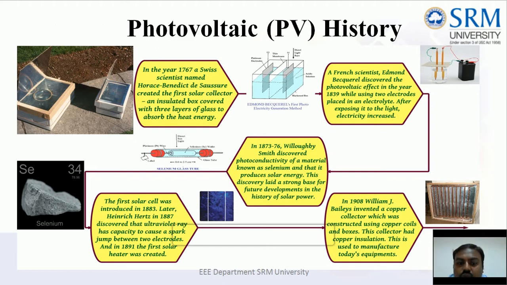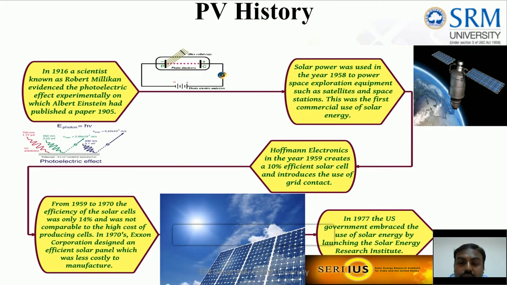The first solar cell was introduced in 1883, and Planck and Einstein made enormous contributions to the photovoltaic effect. In 1916, Robert Millikan experimentally verified the photovoltaic effect based on Albert Einstein's paper, which was published in 1905.